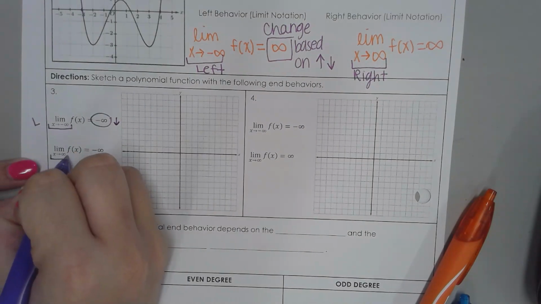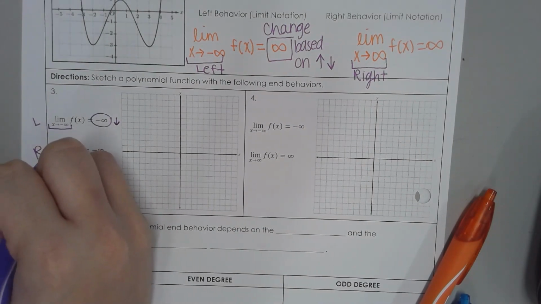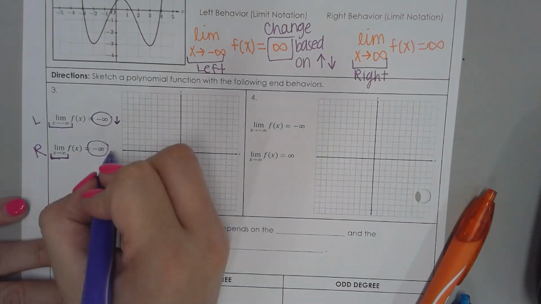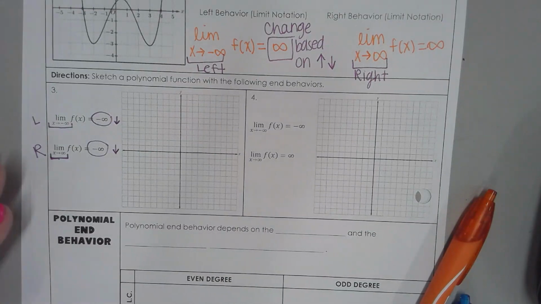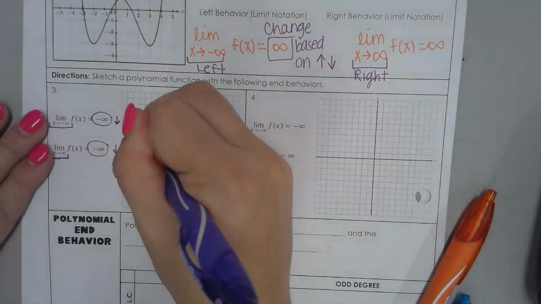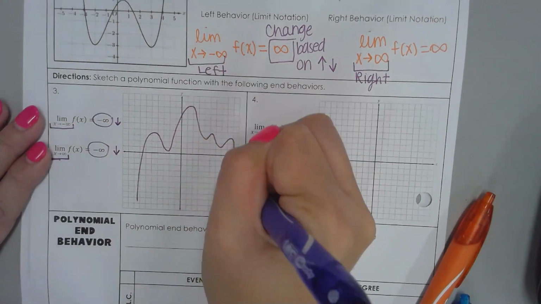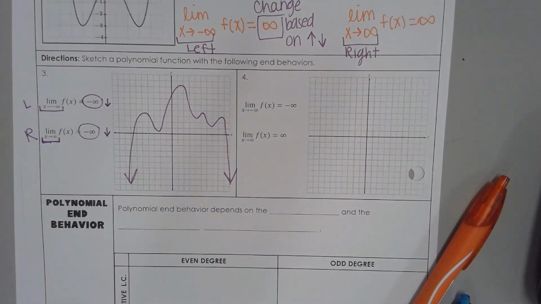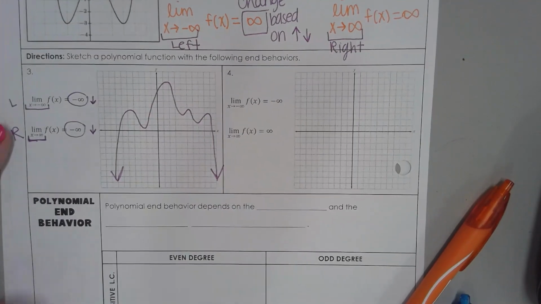As x approaches infinity, that's talking about the right side, my arrow is going to point down. So both sides are down. It doesn't matter how many humps and max and mins you have in between. You could simply just have an upside down parabola. That would work. But both sides, the arrows point down.